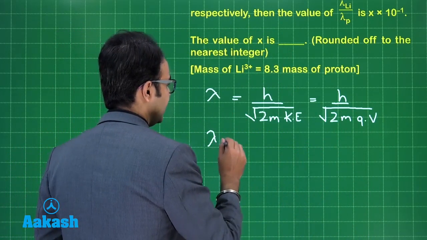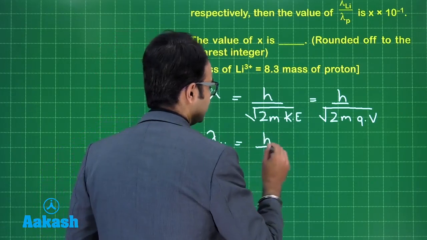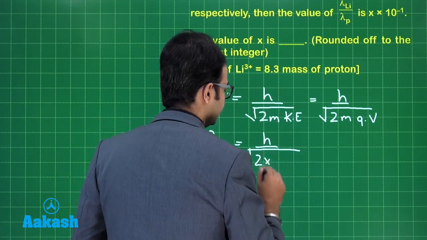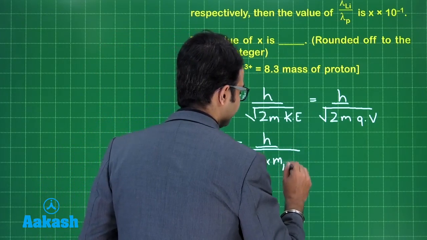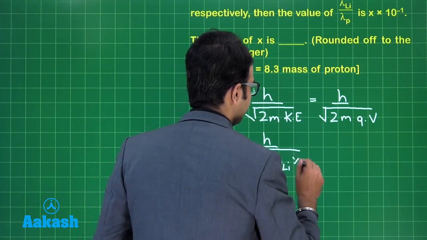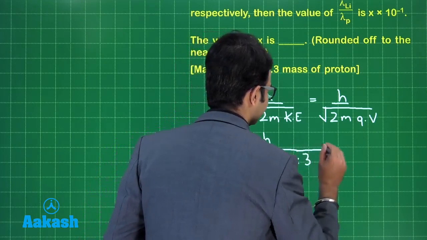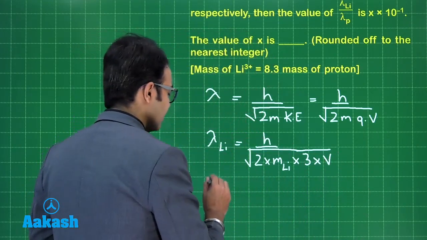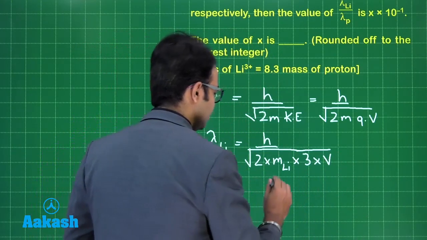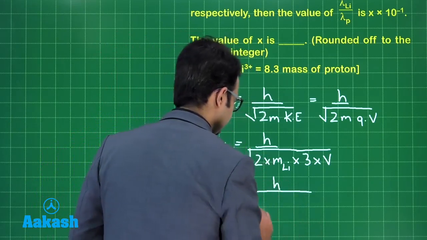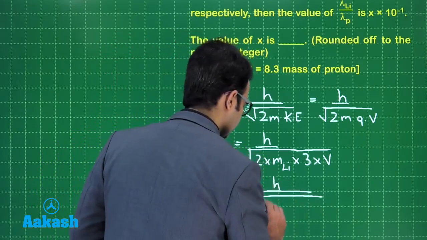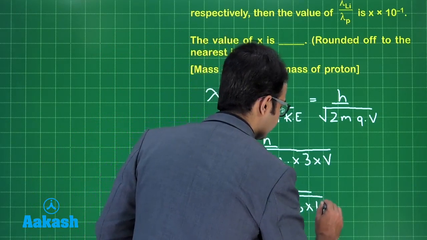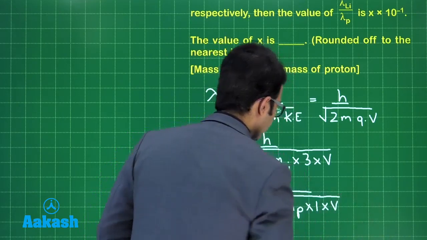Lambda Li will be h upon square root of 2 into the mass of lithium multiplied by the charge of lithium, which is 3, and we will keep the potential same. And lambda P will be equal to h upon square root of 2 into the mass of proton into the charge of proton, which is 1, into V.